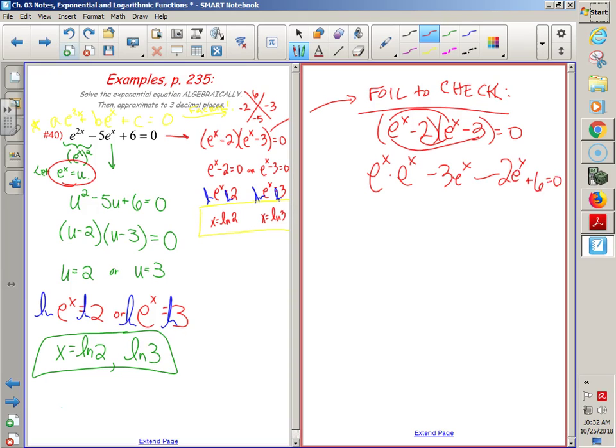The 2x got split up into 2 e to the x's, because x plus x.